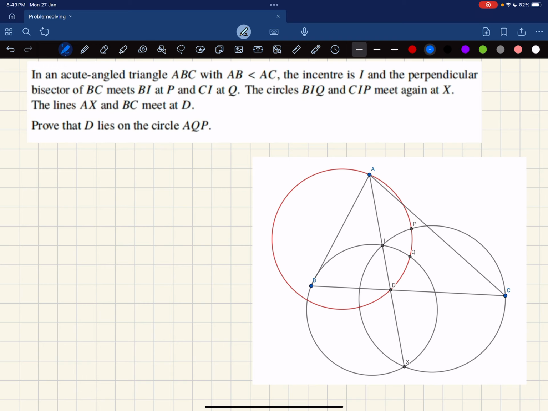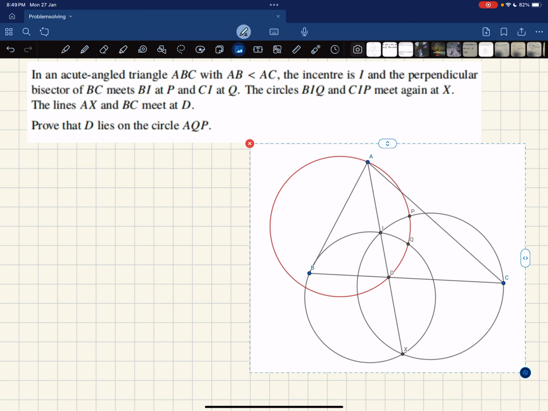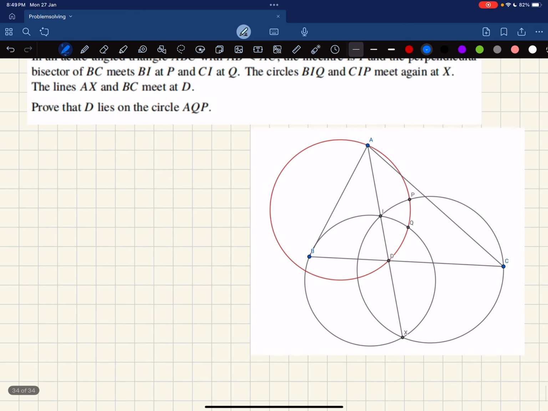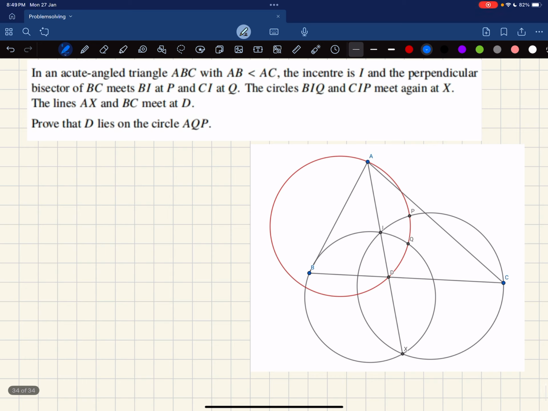First, what is X? X is the intersection of the two circles. It is so abstract for us to understand, right? So we have to make the location of X more precise. So how can we do that? If you use a ruler and compass to draw this diagram, you can make a guess.